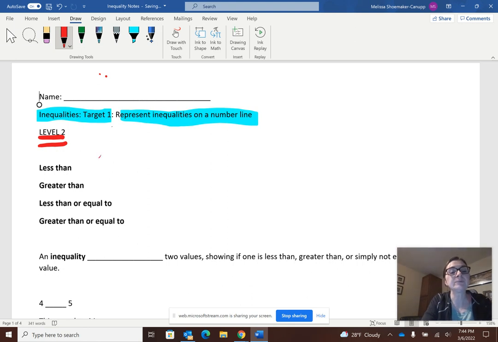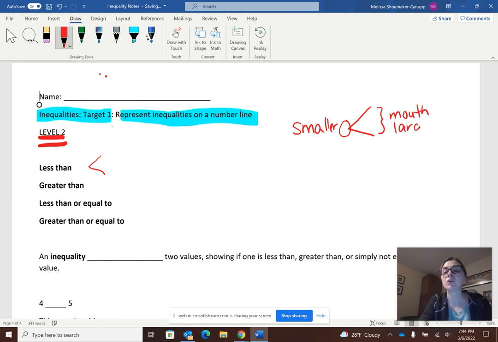So we want to remember that less than looks like that. The smaller part points to the smaller number. The open part, or sometimes we call it the mouth, is always towards the largest.